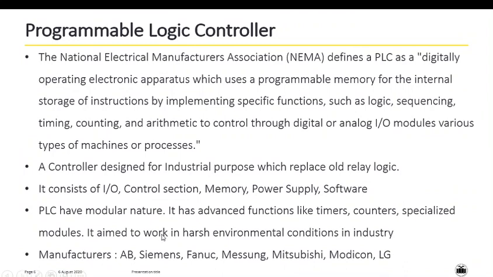The definition by the National Electrical Manufacturers Association is: it is a digitally operating electronic apparatus which uses a programmable memory for internal storage of instructions, implementing specific functions such as logic, sequencing, timing, counting, arithmetic, to control, through various digital and analog input output modules, various types of machines or processes.